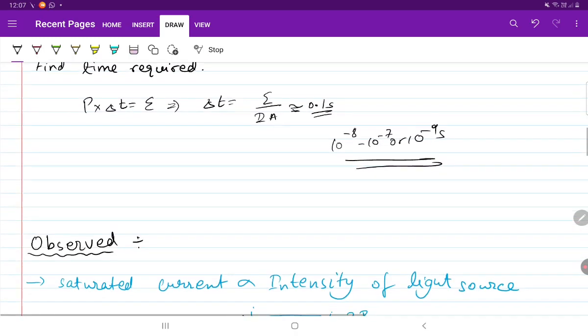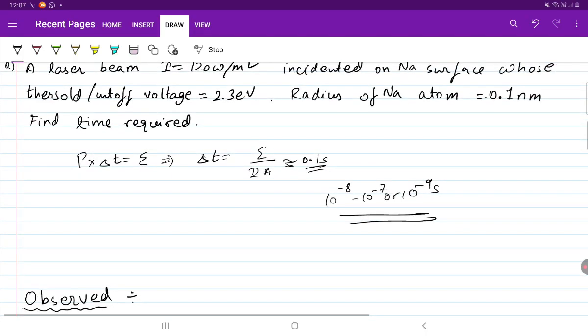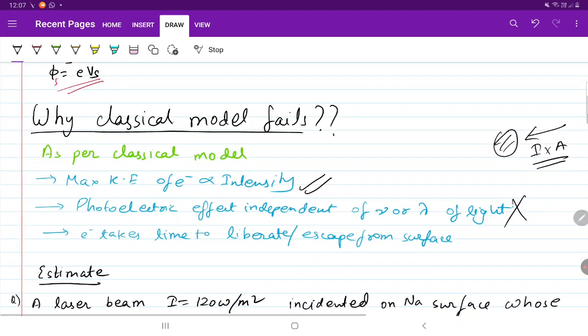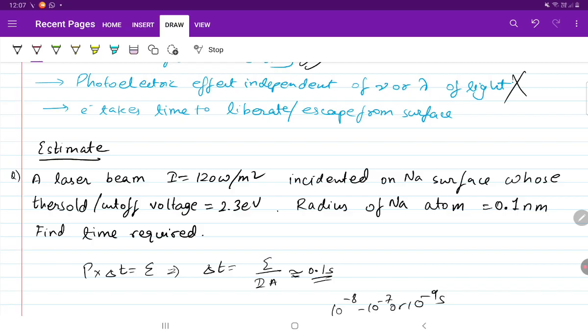So we can say confidently that classical theory does not work here. And this kind of analysis was also given in one of the previous INPhO question papers. I have just taken a part of it, and I don't know whether the values are the same, but probably the values given were different, and a part was given for analysis.